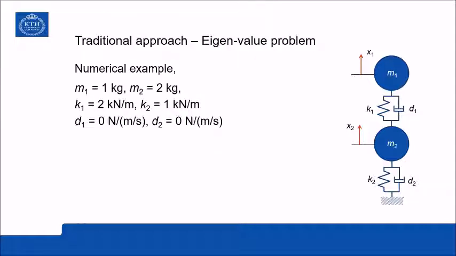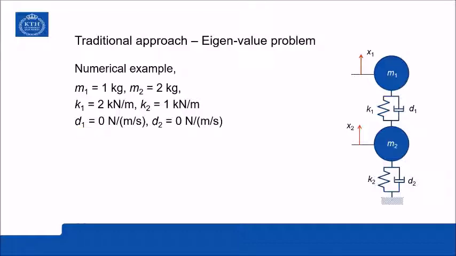So let's now study a numerical example. Let's say that the masses m1 and m2 are 1 and 2 kilograms respectively, and that the stiffnesses are 2 kilonewtons and 1 kilonewton. And let's start with the simplest case where the damping is 0.